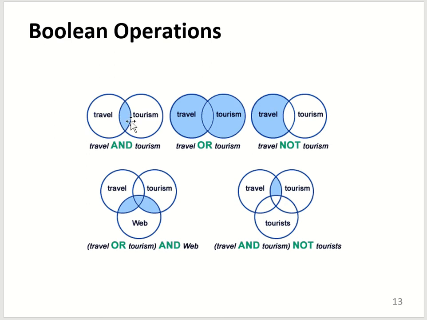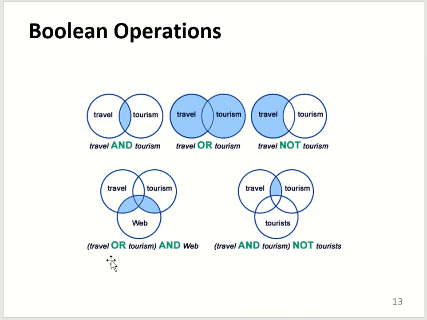It's where they intersect. So think of and as intersect, or as union, travel or tourism. Only one of those must be true, but both can be. Travel not tourism, get an output such as this.